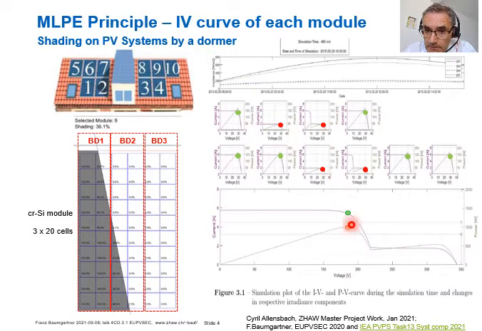And you see here that the optimum power for the string inverter is several volts less than in the unshaded condition. So there you see in detail the benefits of module level power electronics.